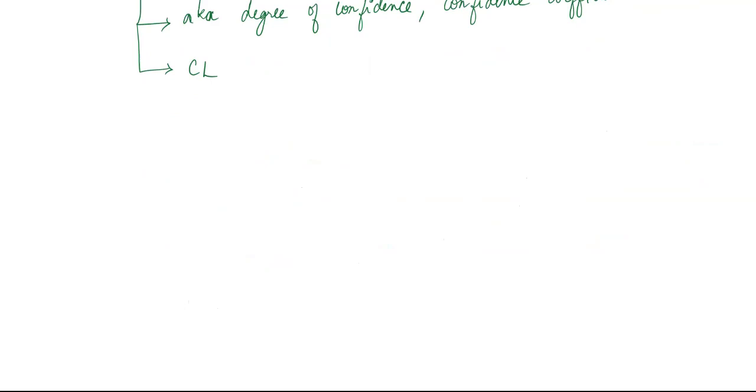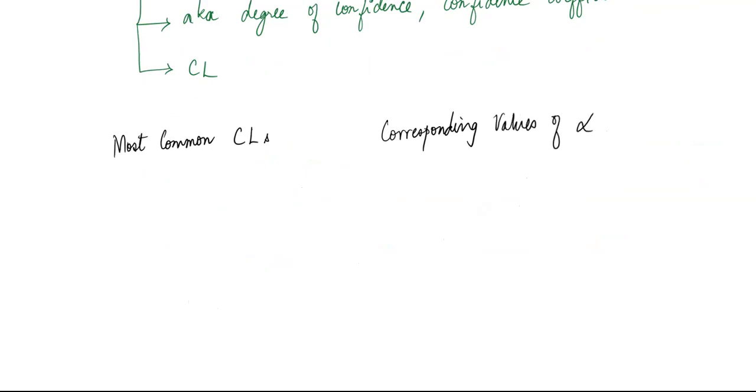So I'll give you a kind of a table here. Let's say the most common confidence levels, CL, and their corresponding values of alpha.